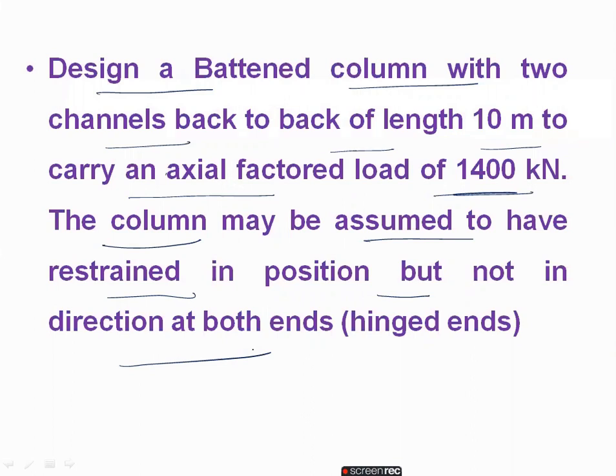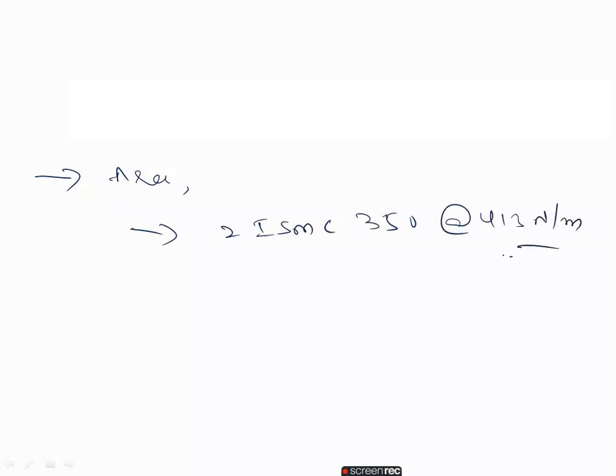So we are going to design the battened column. While designing the battens, first we have to design the column. For that, while choosing the members, we have to follow the previous lecture. In the previous lecture, we calculated the area, and based on that area we selected the member, that is 2 ISMC 350 at the rate of 413 Newton per meter. We also have to calculate the distance, the D value.